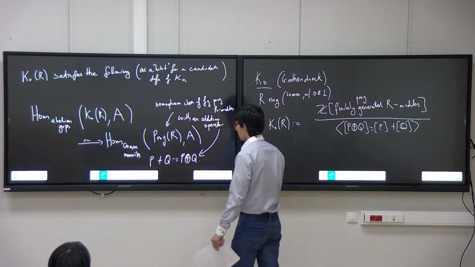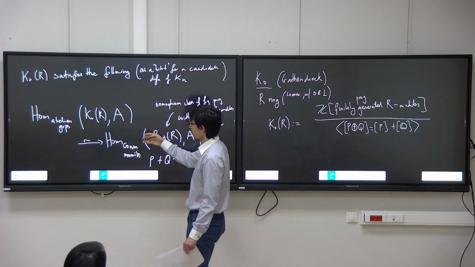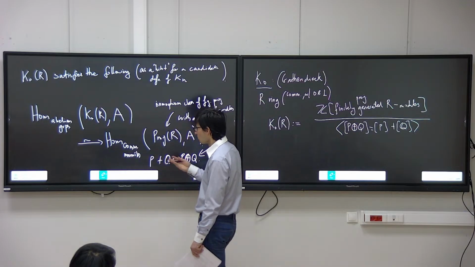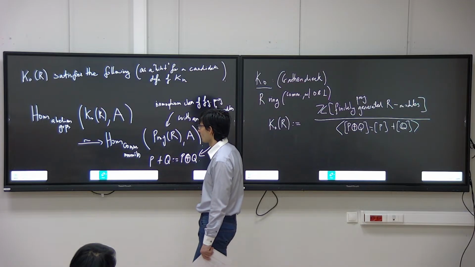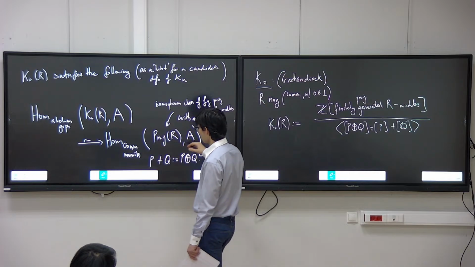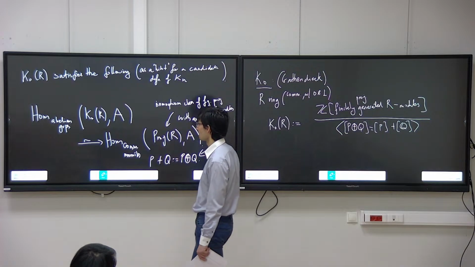So basically, in this way, K0 is the closest group-like functor, which represents these functors in some way.